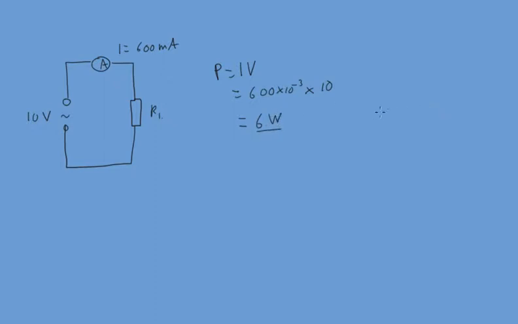Now, let's rewrite our equation. P equals IV. We also know that voltage equals IR. So if we substitute this in, we get power can also be worked out as I squared R. So if we don't know the voltage but we do know resistance, we can still work out the power.